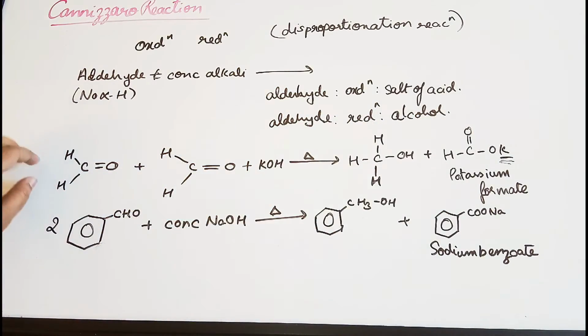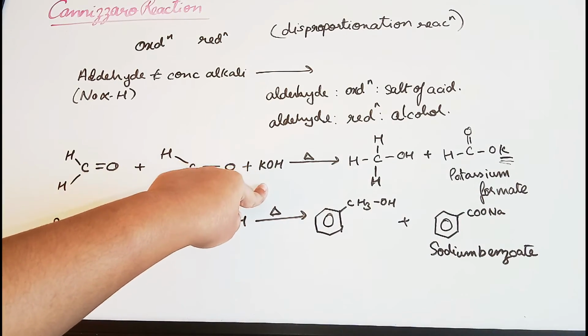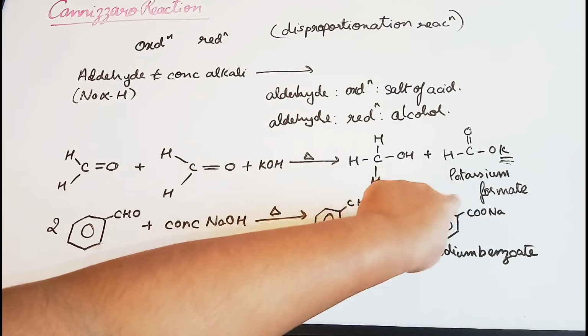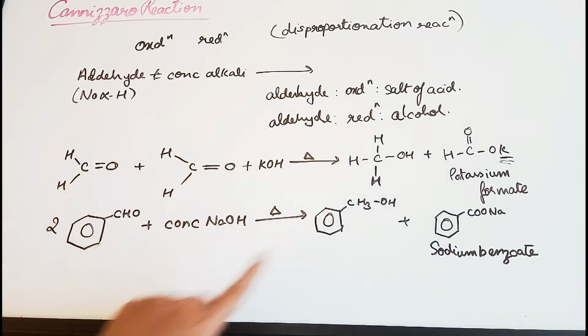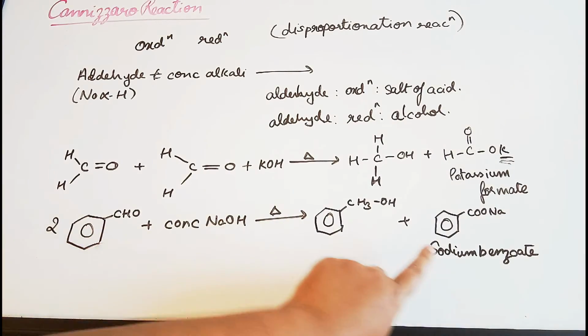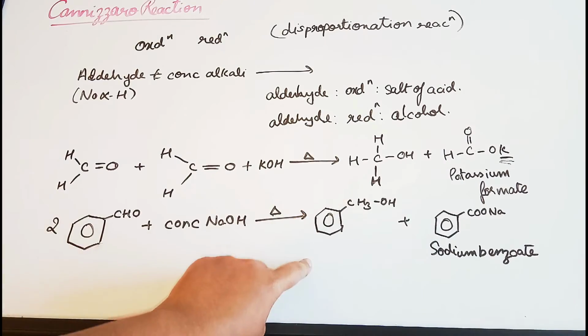Here we have taken the example of formaldehyde reacting with potassium hydroxide, so we are getting potassium formate and methanol, whereas benzaldehyde is reacting with sodium hydroxide, so we are getting sodium benzoate and benzyl alcohol.